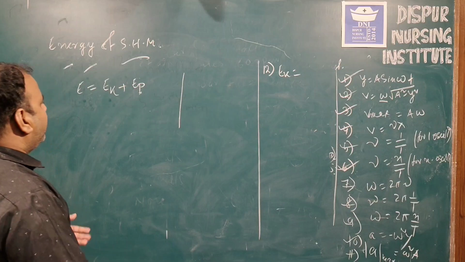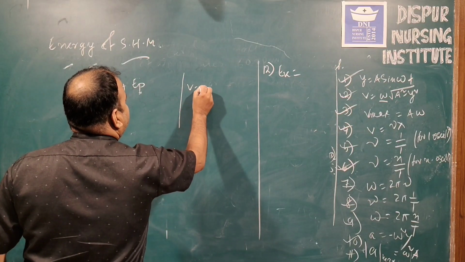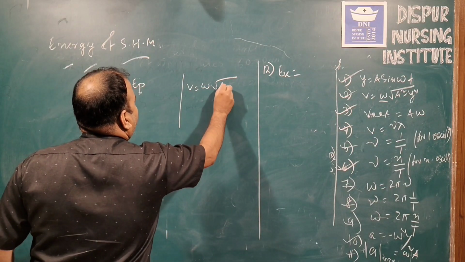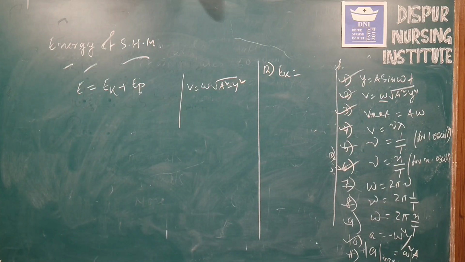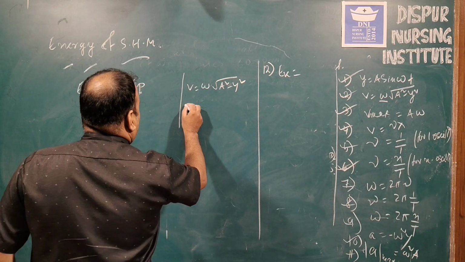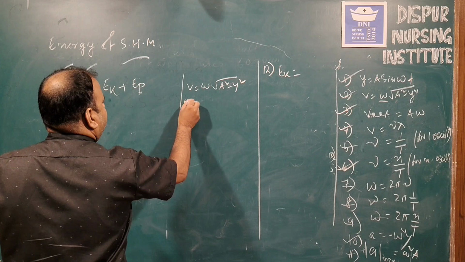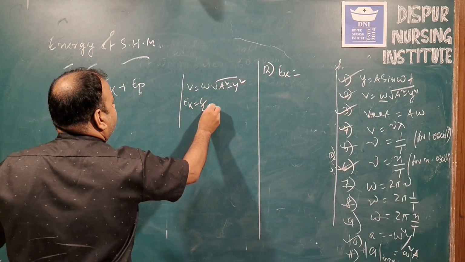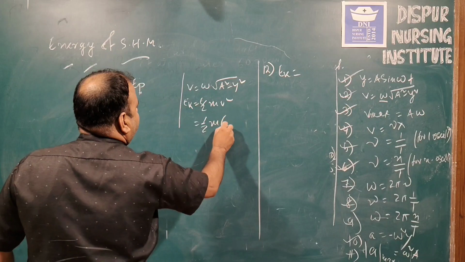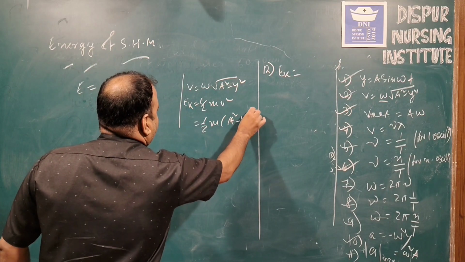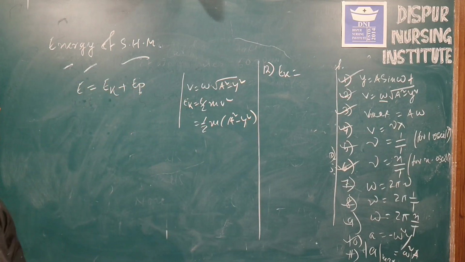Now see, I have already given the velocity v is equal to omega under root a square minus y square in case of simple harmonic motion. Now kinetic energy means Ek is equal to half m v square, so it will be half m a square minus y square. So this is the value of kinetic energy.